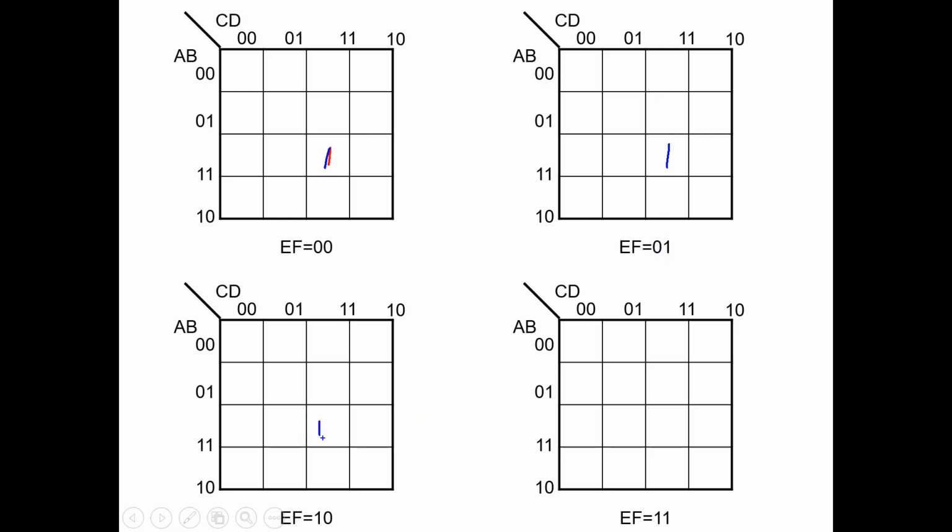How about this? 1, 1, 1, 1, 1, 0. How about this? The value of A, B, C, D, E, F is 1, 1, 1, 1, 1, 1, right? So if my Kmap is something like this, it's for you.